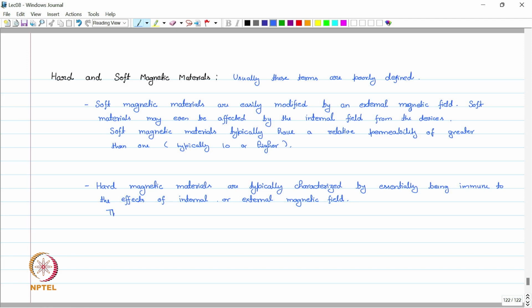And the relative permeability of hard magnetic material is nearly unity. So these are hard magnetic materials.